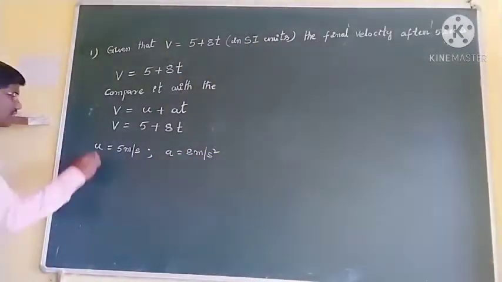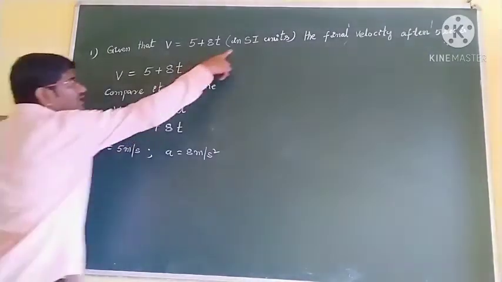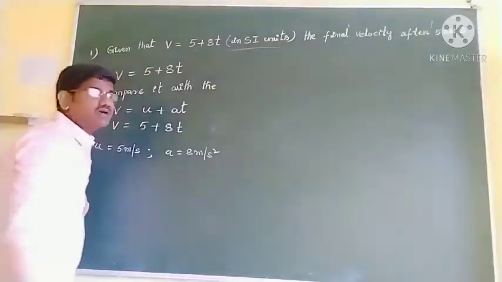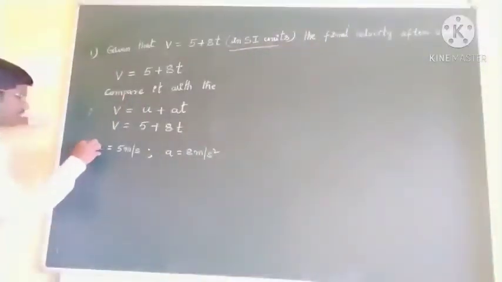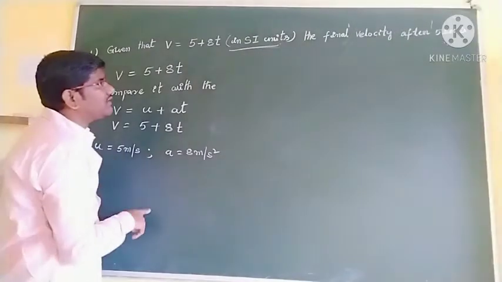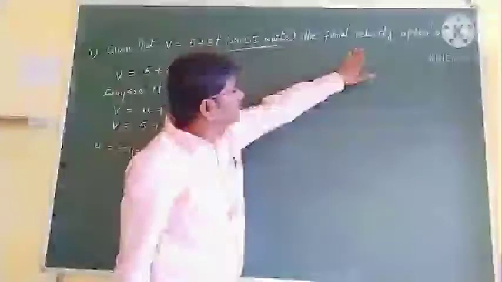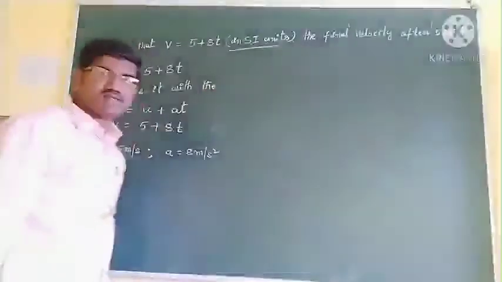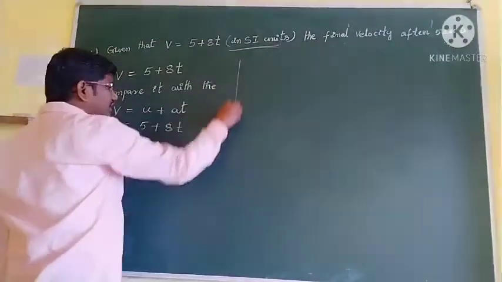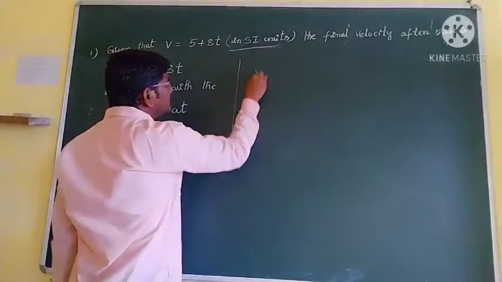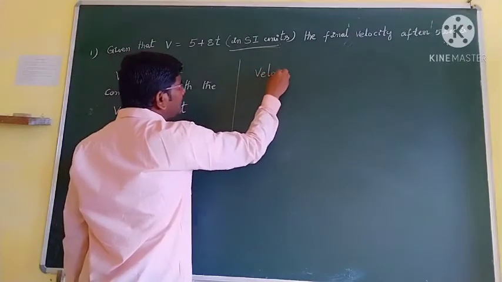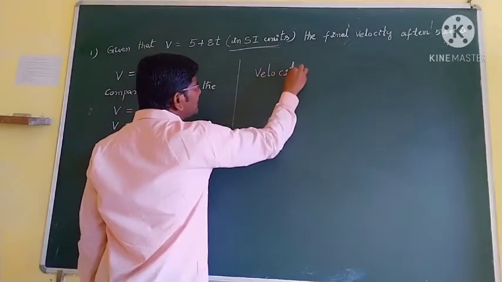So we got the initial velocity, given in SI units, so we got the u value and the a value. Then the question is the final velocity after 5 seconds. It means we want the velocity after 5 seconds, so we need to find what is that velocity.